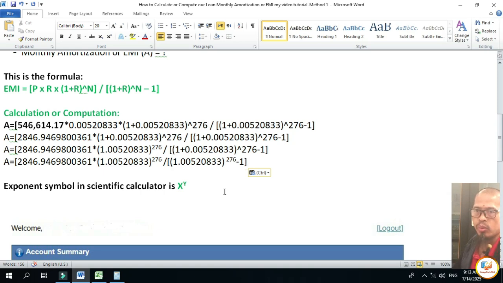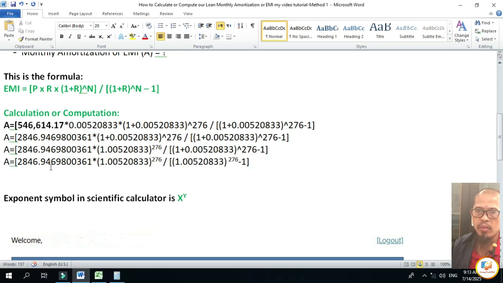Now, what we need to do is to multiply this one, 2846.94 times 1.00520833. Okay, so I have to multiply this one.